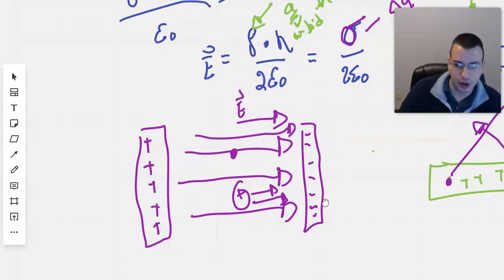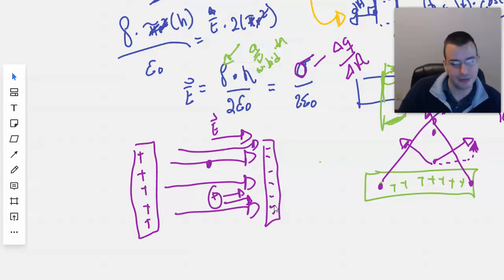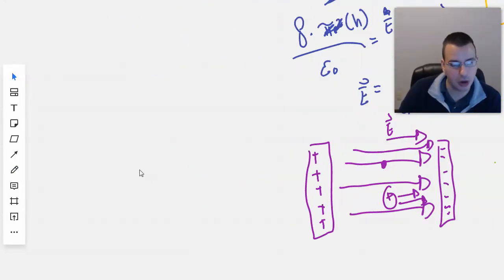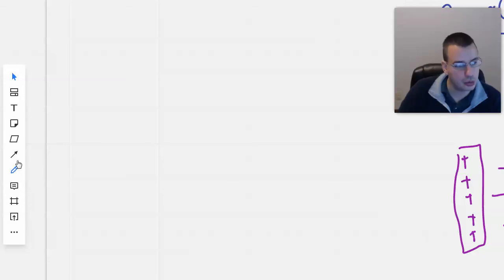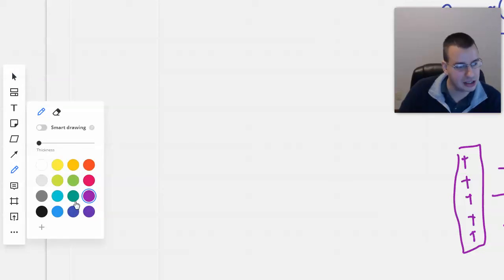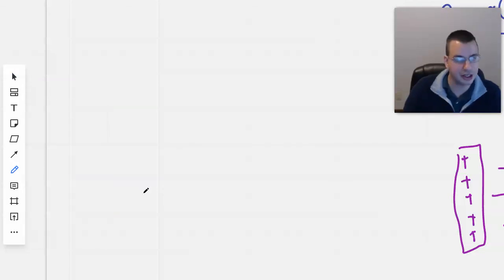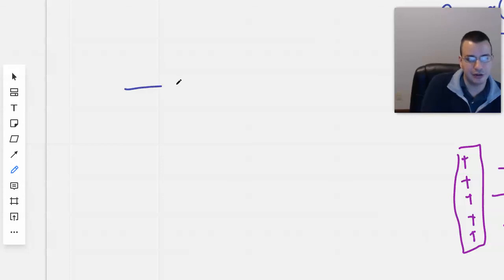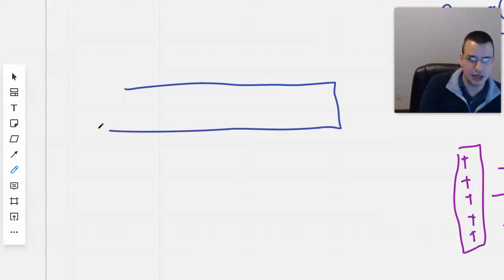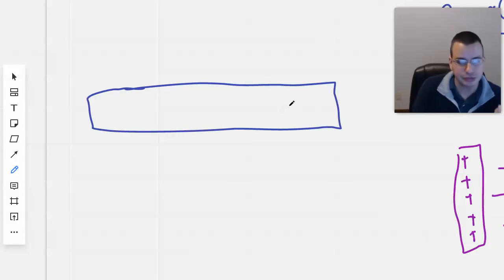Now, one other item of note, some tricks to be watching out for in life. Just like we had with the sphere, if it's a conductor, you have to be careful of taking an electric field inside a conductor. Similar concept here.